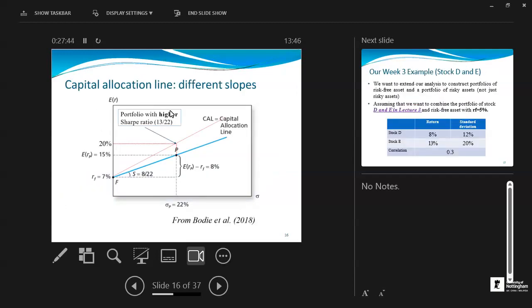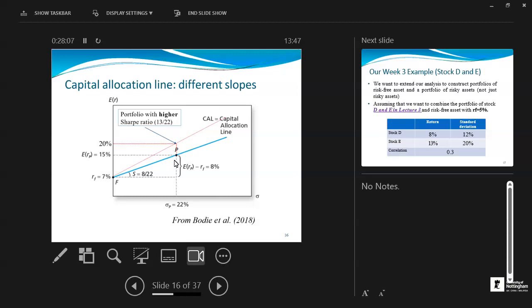Now you can see this on the slide. The original scenario is the blue line, and the red line shows when you have changed the expected return of the risky portfolio to be 20%. So which point would you prefer?